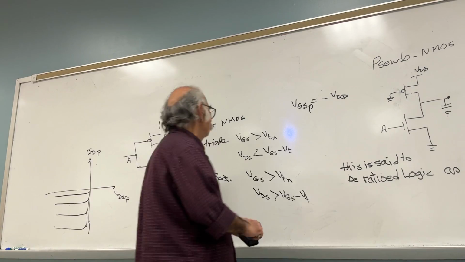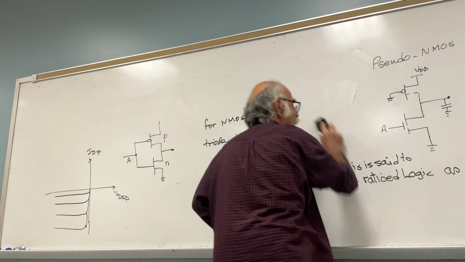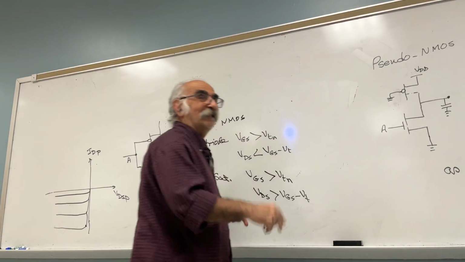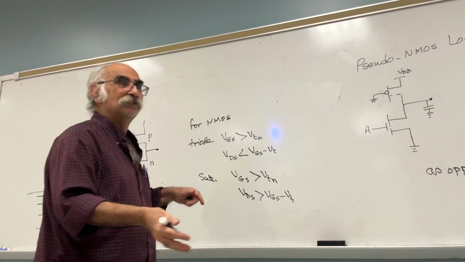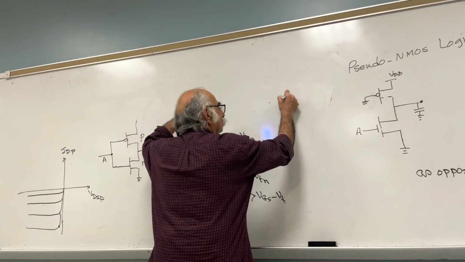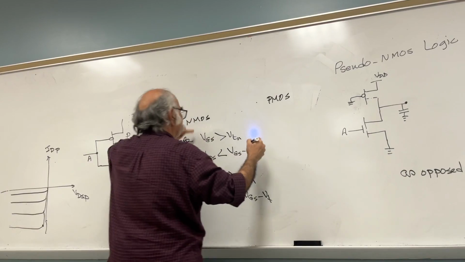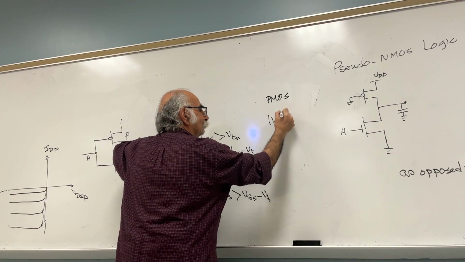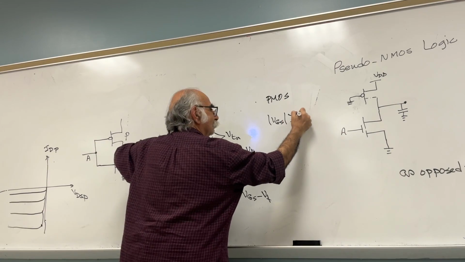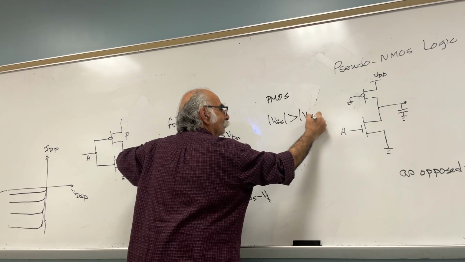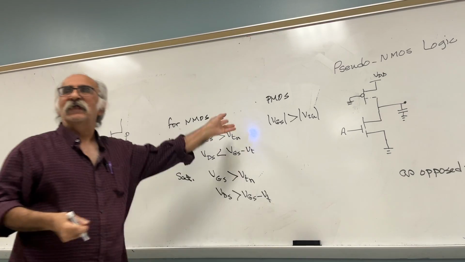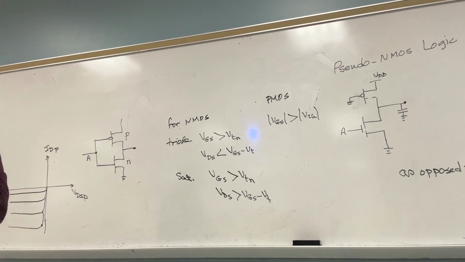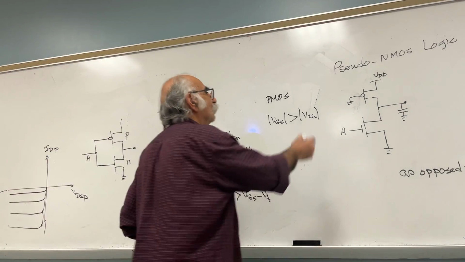For the PMOS, same thing, but now with absolute values. What does that mean? If you remove the absolute value, what was it before?